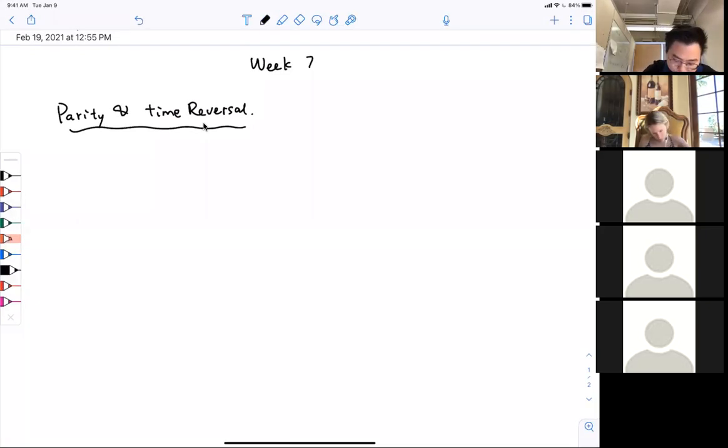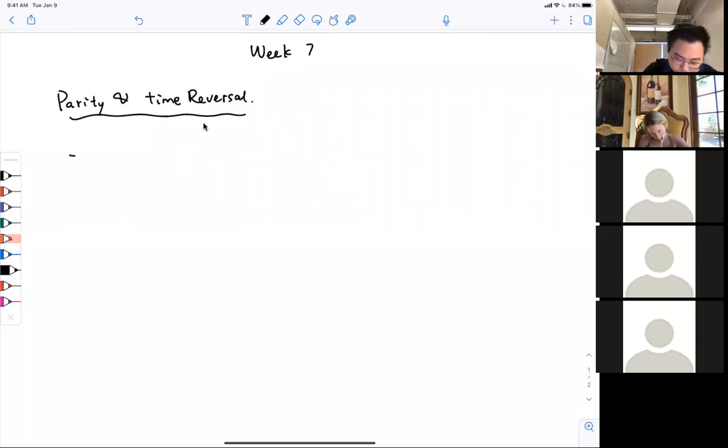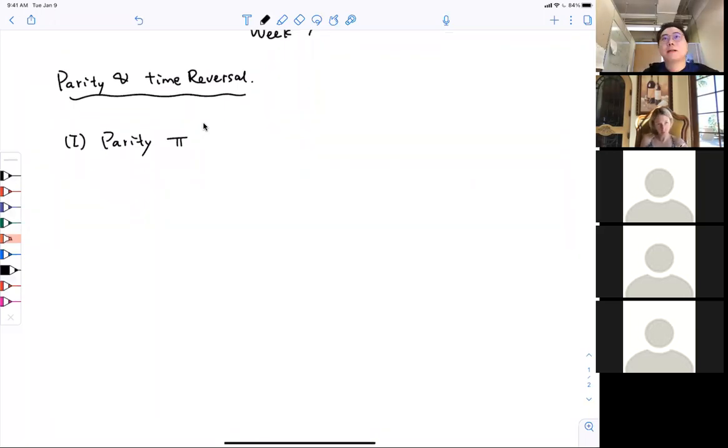Okay, so let's talk first about parity symmetry. Let's use this pi. One important property we need to know is that the parity is both unitary and Hermitian, right?